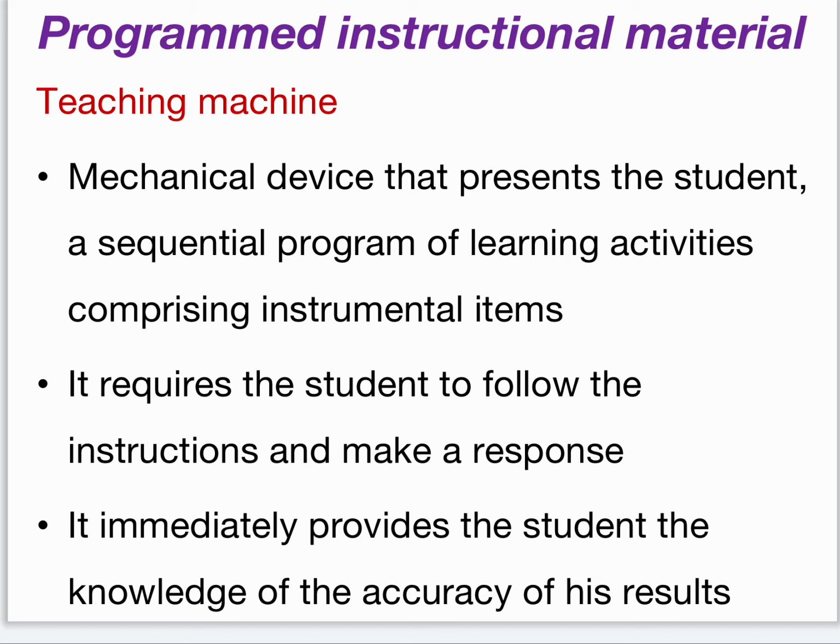So according to the program presented through the mechanical device, the student has to progress accordingly. It immediately provides the student the knowledge of accuracy of his results. So once the response is made, feedback is given immediately regarding the accuracy of his or her response.